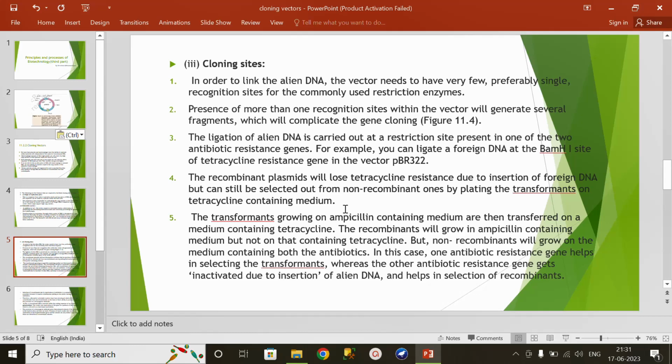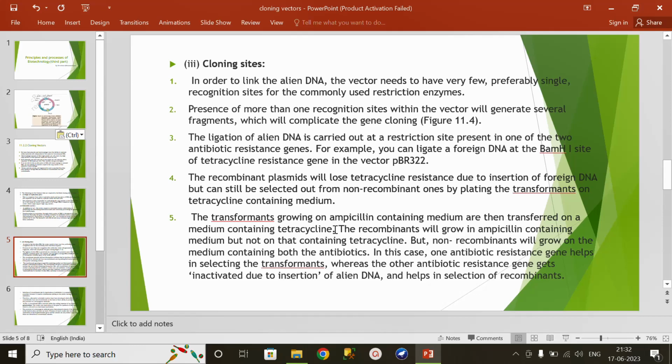If we grow the cells on tetracycline medium, the recombinants, as the resistance gene got broken, do not grow on tetracycline-containing medium.